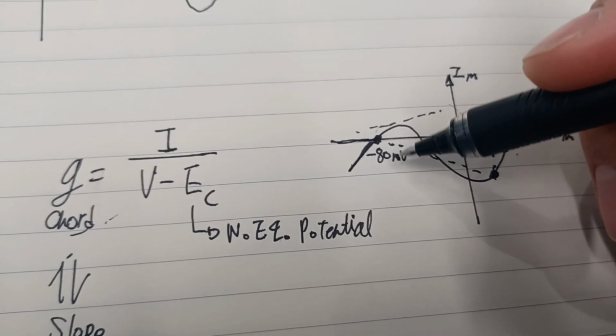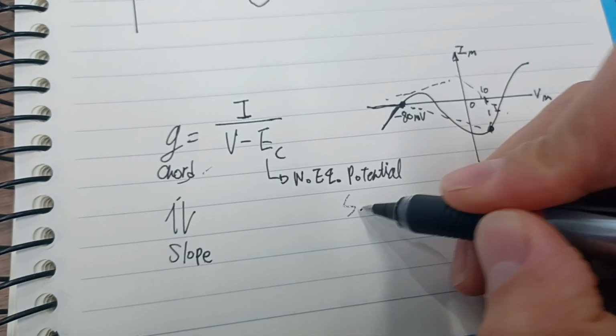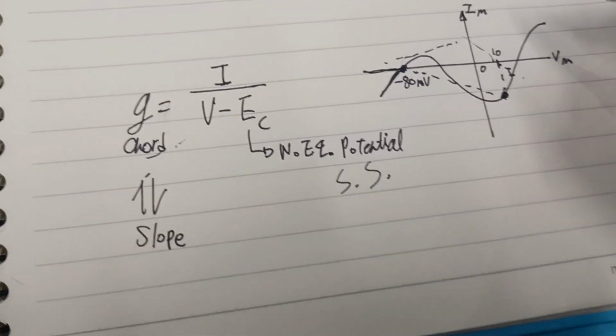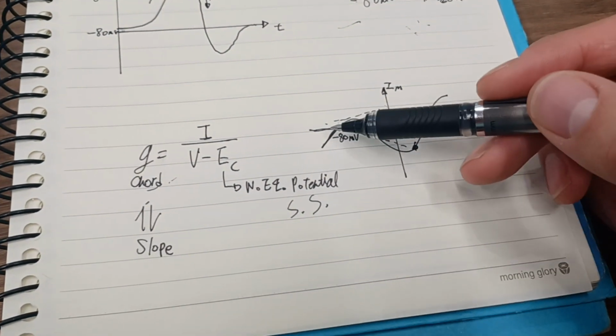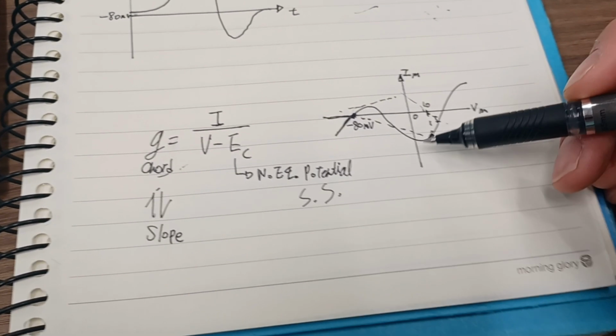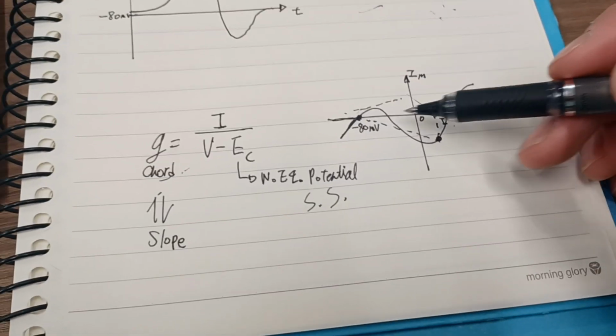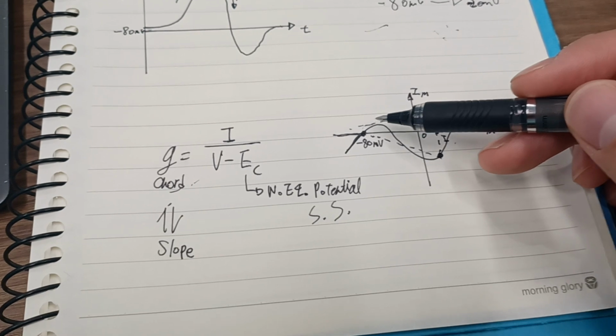The reason why we sit it here at the Nernst equilibrium potential is because the Nernst equilibrium potential measures steady state. When it's steady state, it means that after a very long time, it converges to some value, in this example negative 80. That means the amount of current, or the amount of ions going through the membrane at that point, is 0, which is why it's sitting here on this line.